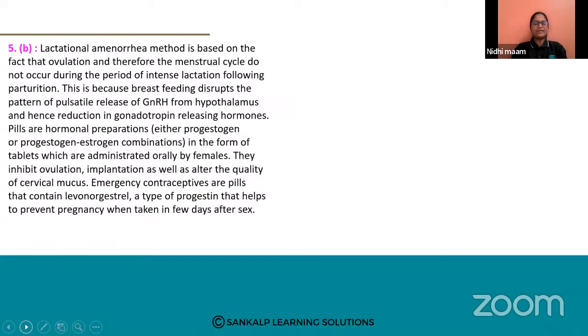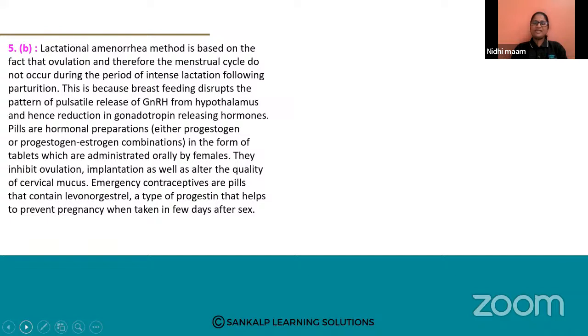The lactational amenorrhea method is based on the fact that ovulation, and therefore the menstrual cycle, do not occur during the period of intense lactation following parturition. As I said, once a mother delivers a baby, up to certain months the menstrual cycle will not happen, and due to intense breastfeeding, ovulation will not be happening.